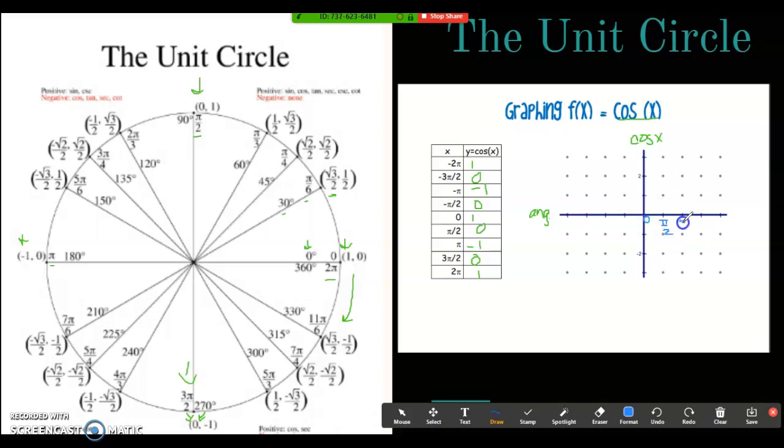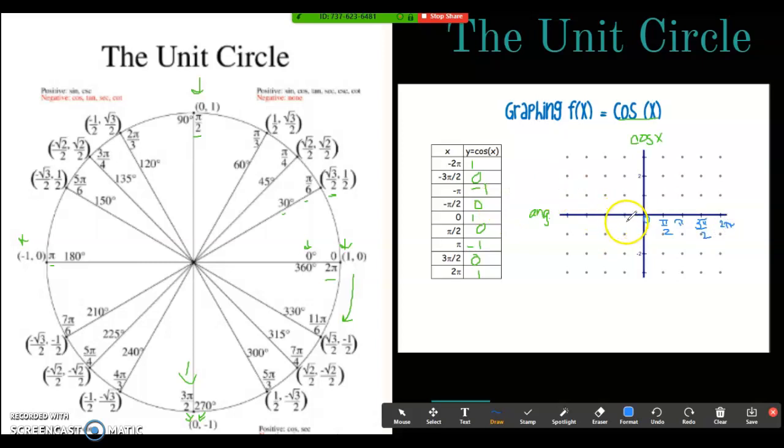And then I got 3 pi over 2. And then, not 3 pi over 2. That was my mistake. That's pi. Getting ahead of myself. So I got pi. And then I have 3 pi over 2. And then I have 2 pi.